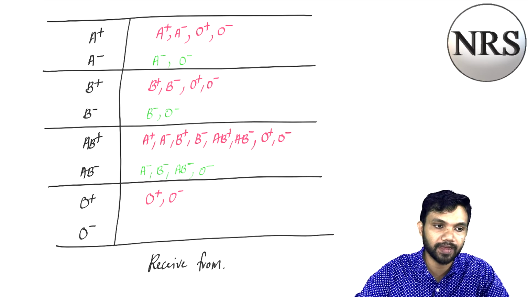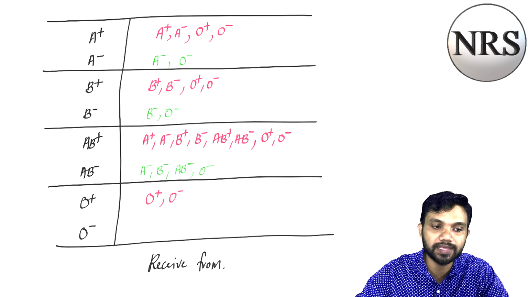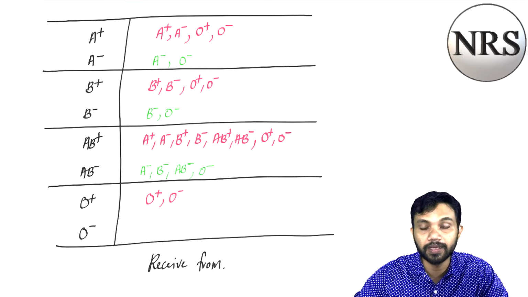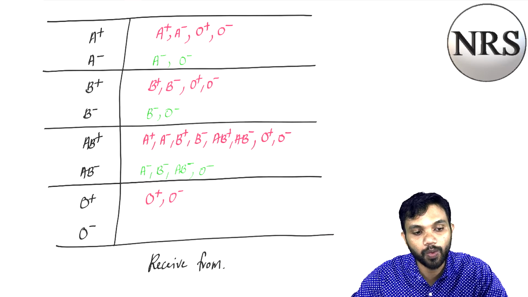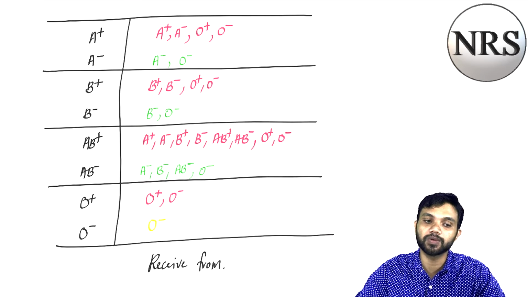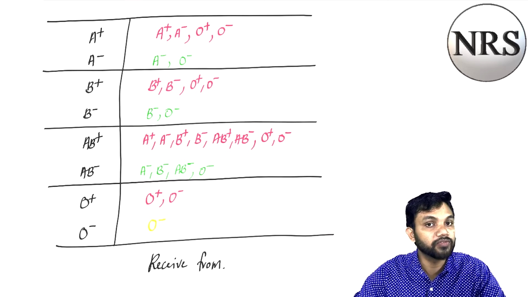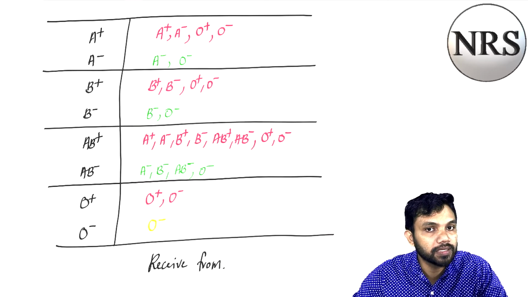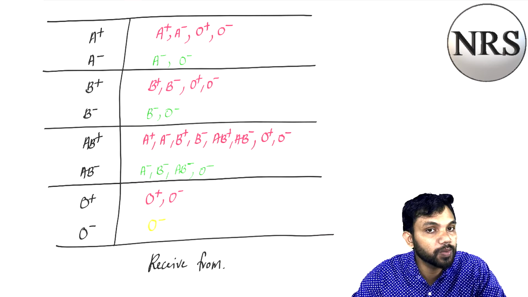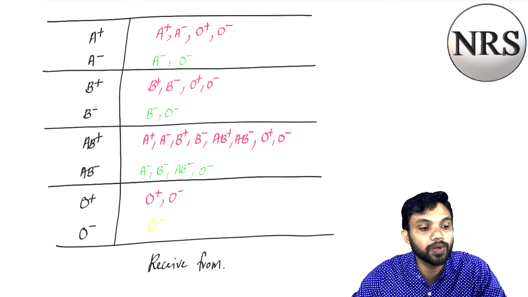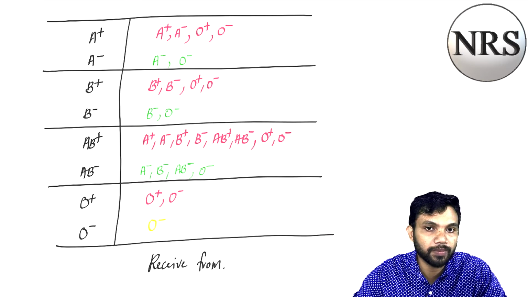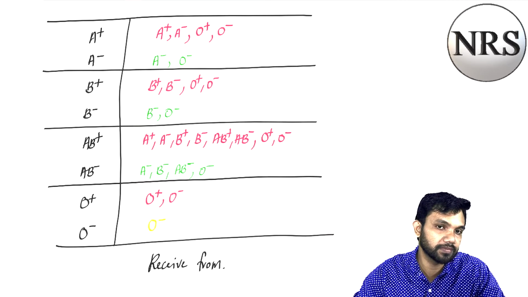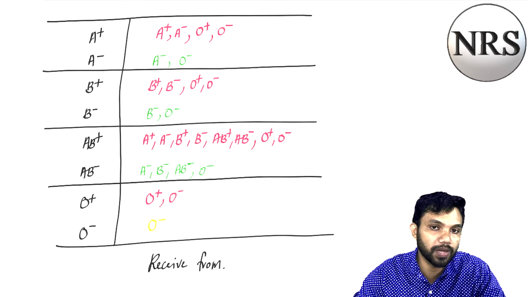And the unluckiest people in this universe are O negative, because they cannot receive from anyone. They don't have any antigen, they don't even have an RH antigen, so they cannot receive blood from anyone except from their own blood group, O negative.